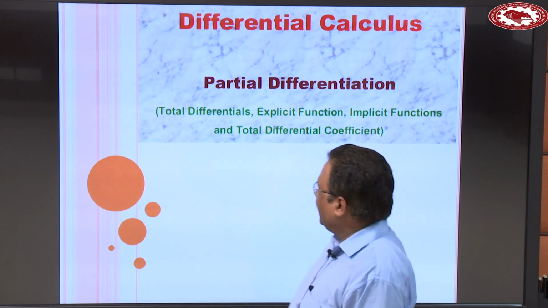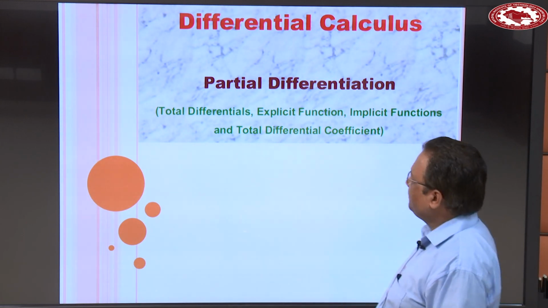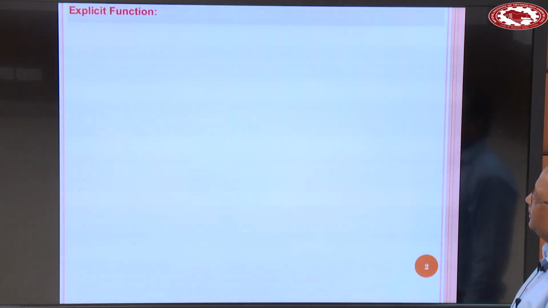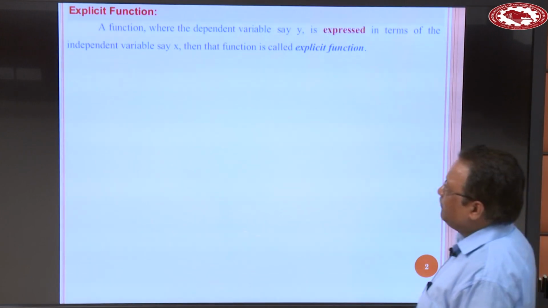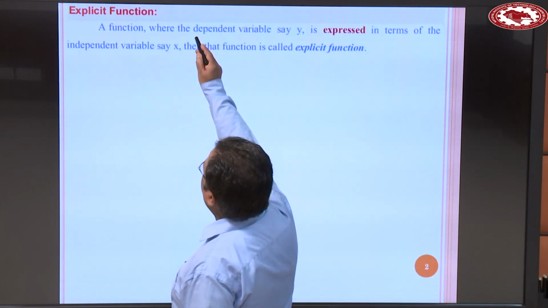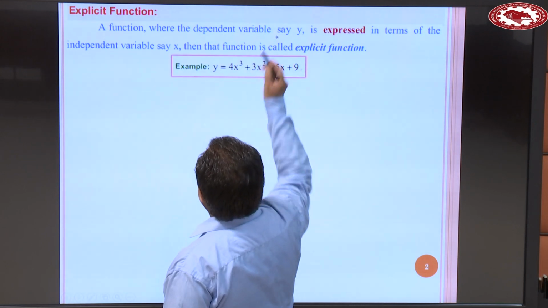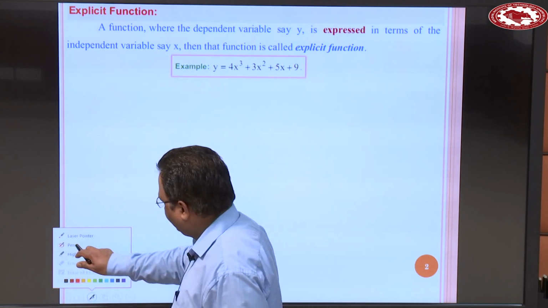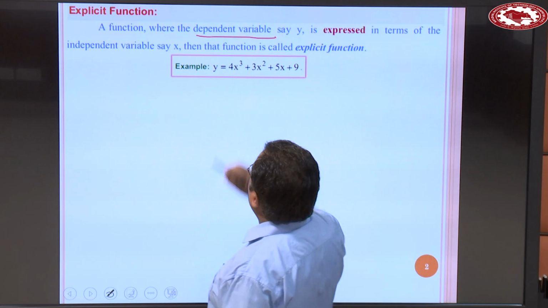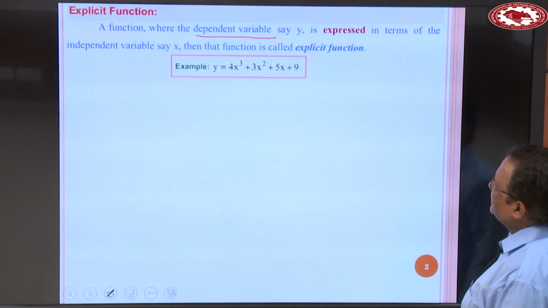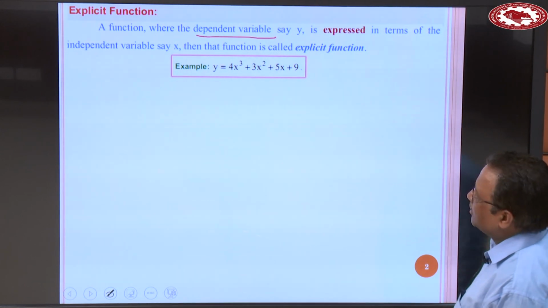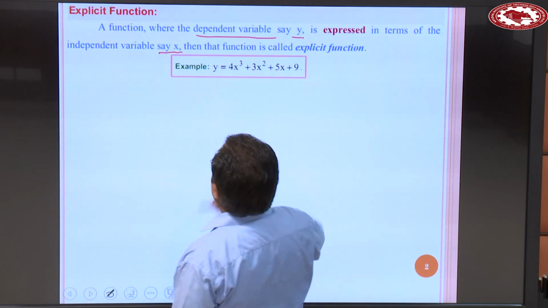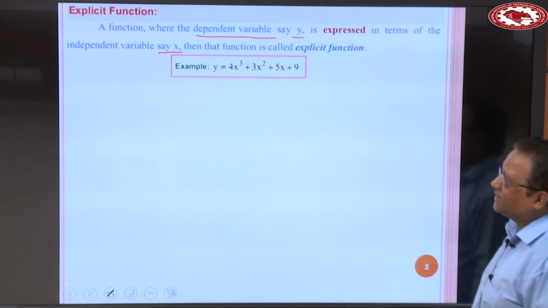So, today we will define what is total differential, explicit function, implicit function and total differential coefficient. A function where the dependent variable, say y, is expressed in terms of the independent variable, say x, then that function is called explicit function.